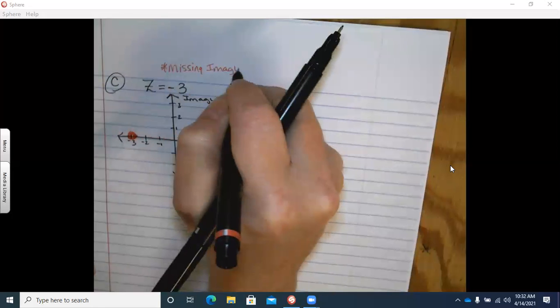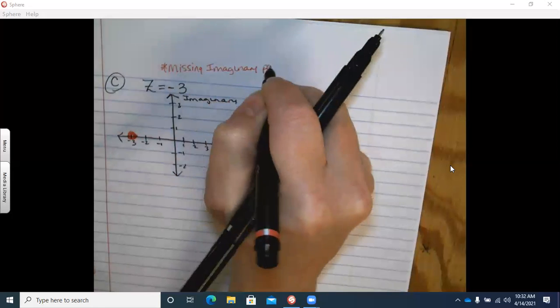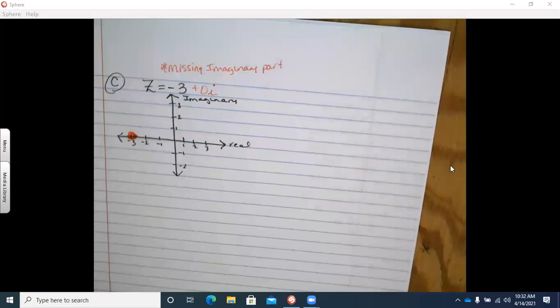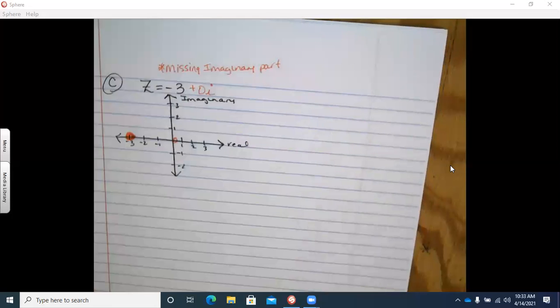So we can only graph the real part, okay? Or technically, isn't that the same thing as -3 plus 0i? So we're technically on the imaginary axis at 0, right? Either way you want to think about it.